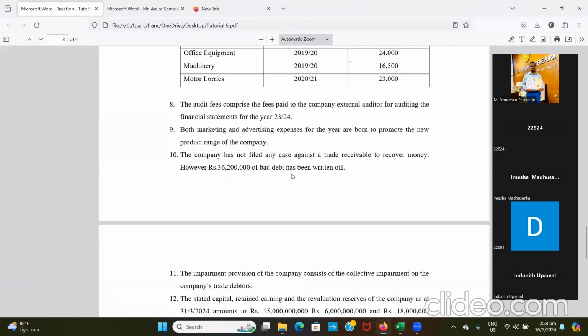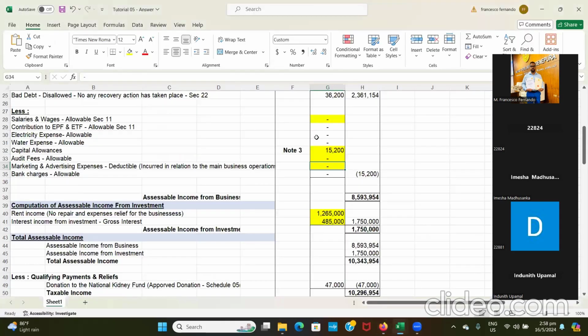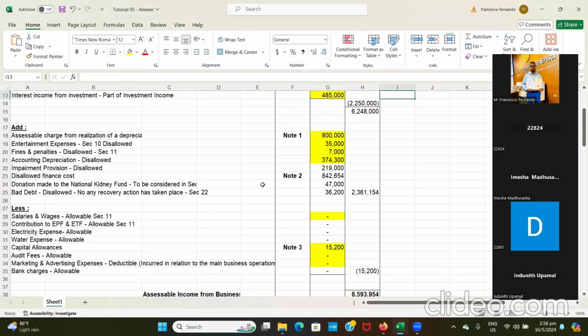The company has not filed a case for the trade receivable to recover money. So you know, if we do not file a case for the bad debt, it is disallowable. But if we file a case, it is allowable. If we do not file a case, it is disallowable. But if we have taken recovery action, then it is allowable.